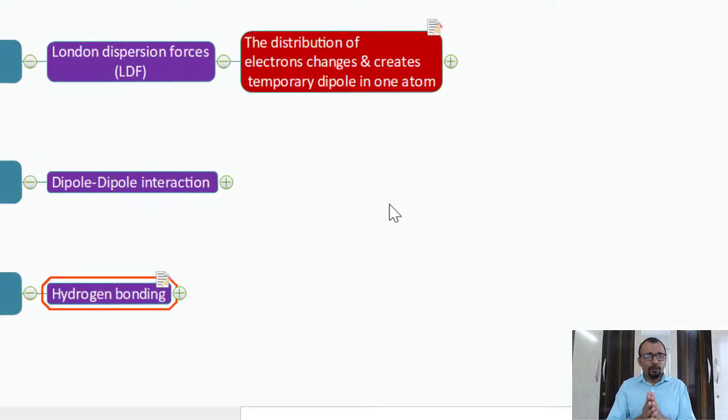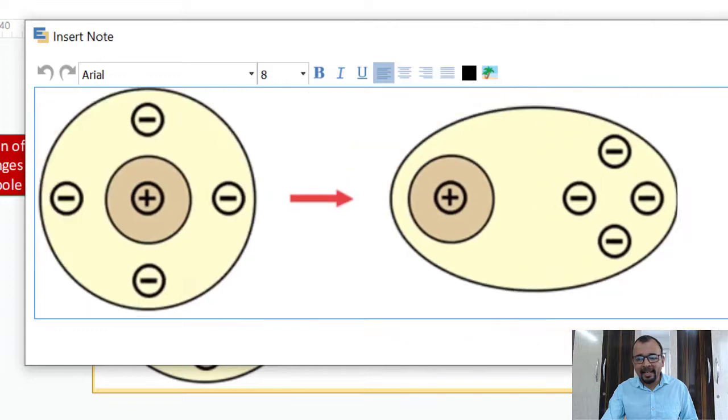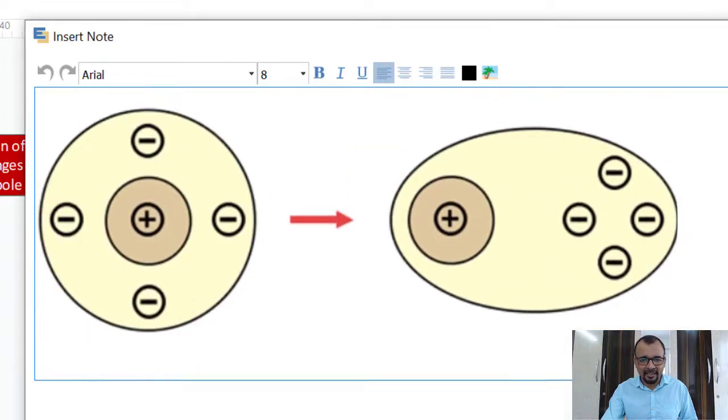As we all know, the electrons are revolving around the nucleus of any atom. During the revolution of the electron, there may come a time where the electron cloud gets shifted to one location of an atom, and this can be represented by a very simple diagram, as you can see on the screen.